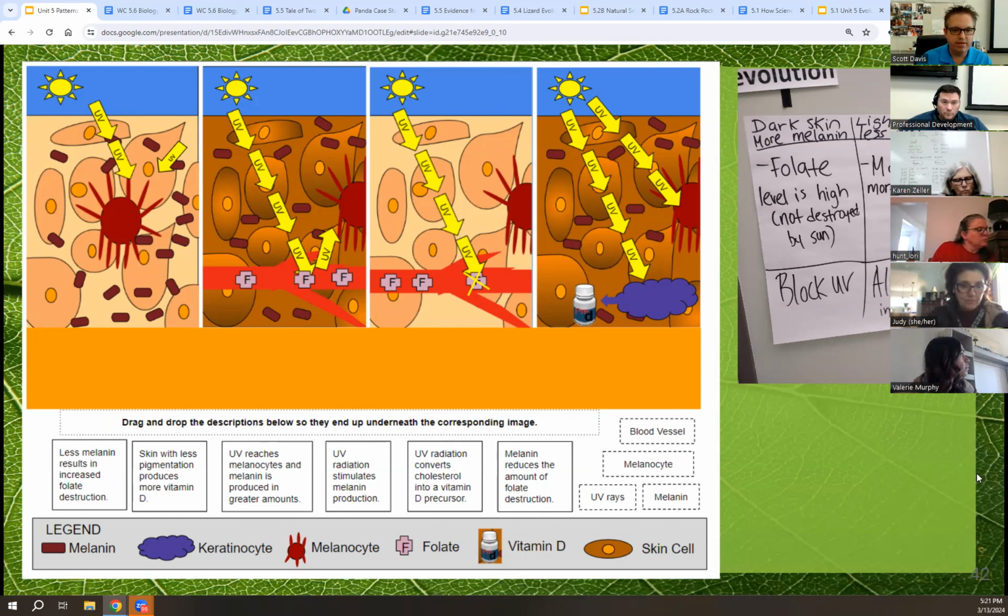What is something that I would need to do if I had a certain skin color in a certain area? Would I need to take vitamin D supplements, or would I need to have a diet that might increase my folate consumption or folate amounts? And so if you look back at the CER at the end, if we can go back to that.